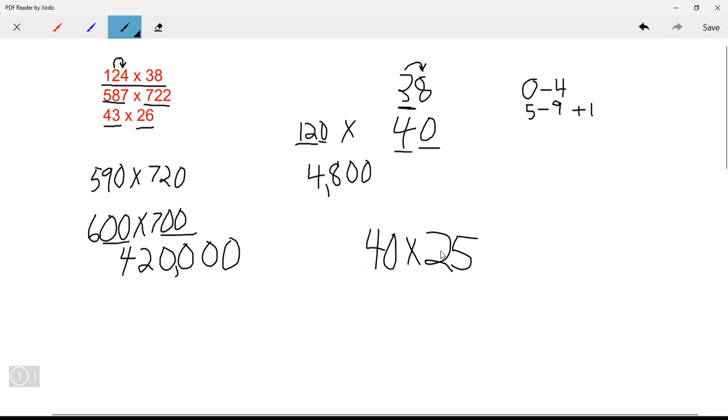I know that 4 times 25, I like to think about 25s because 25 is a quarter, right? So 4 times 25 I know is 100. So 40 times 25, I'm just going to do 4 times 25 as the base fact. So this would be 1,000. So another way to estimate is to use compatible numbers. I know that 25 is a number that I know, and although I could do 30, in this case 25 would give a more accurate answer, right?